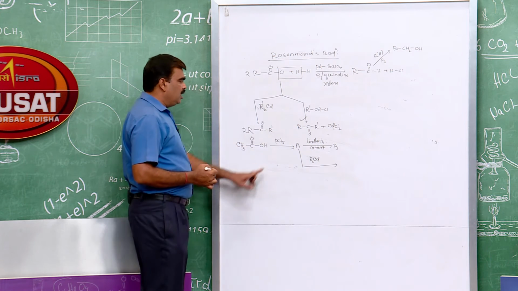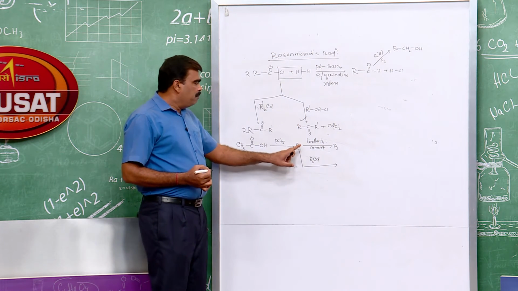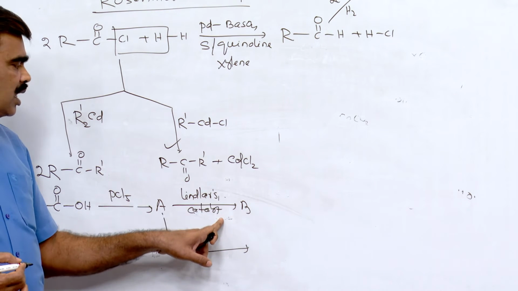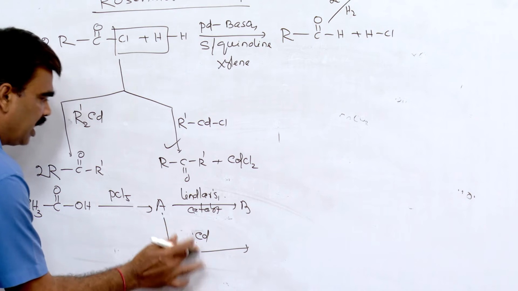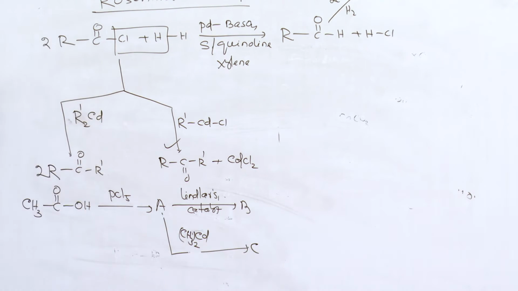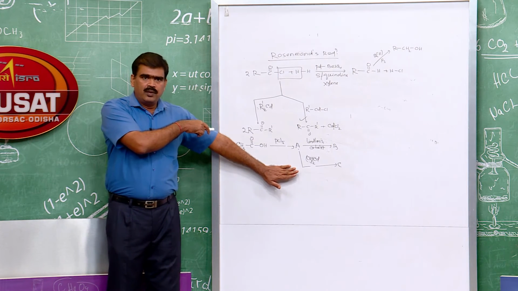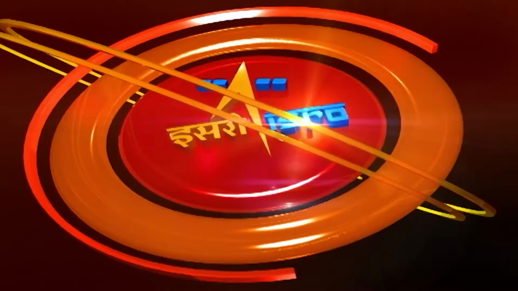Acetic acid on reaction with PCl5 gives A, on reaction with Lindlar's catalyst gives B, and A on reaction with dialkyl cadmium or dimethyl cadmium gives C. What is C? You just think of the possible answers, and we will discuss it.